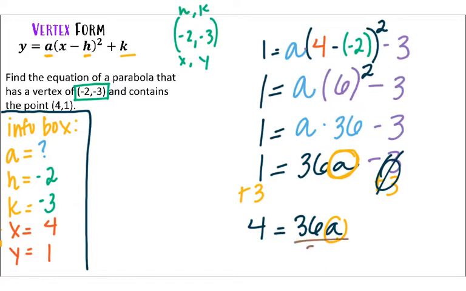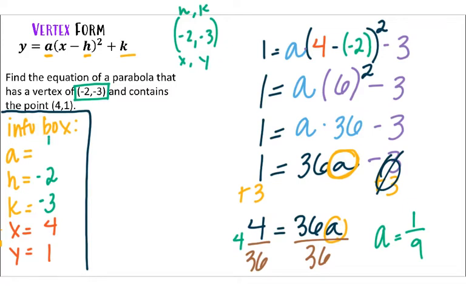So I'm going to divide both sides by 36. When you divide both sides by 36, that will help you get a all by itself. So we'll have a is equal to, if we divide by a factor of 4, 1/9. So we can fill that back into our information corner.